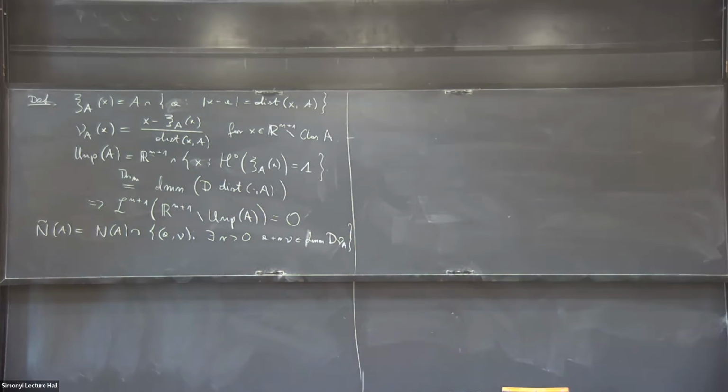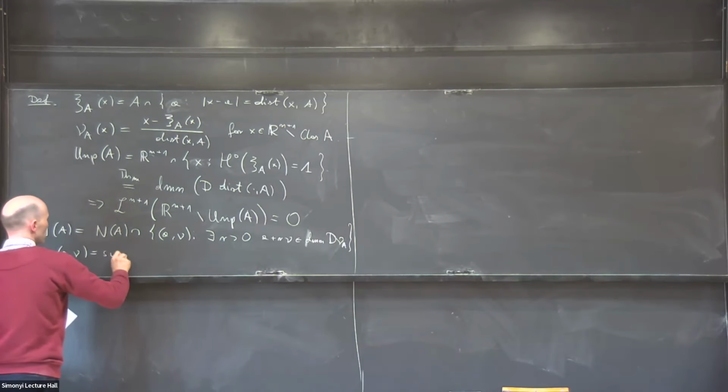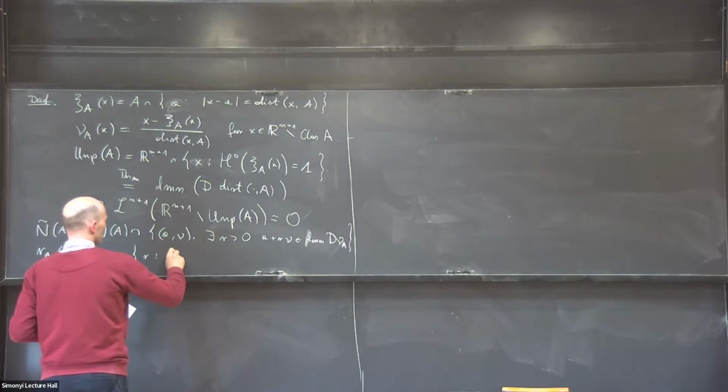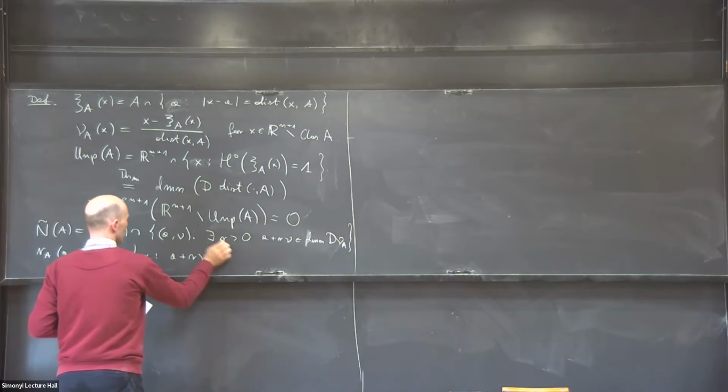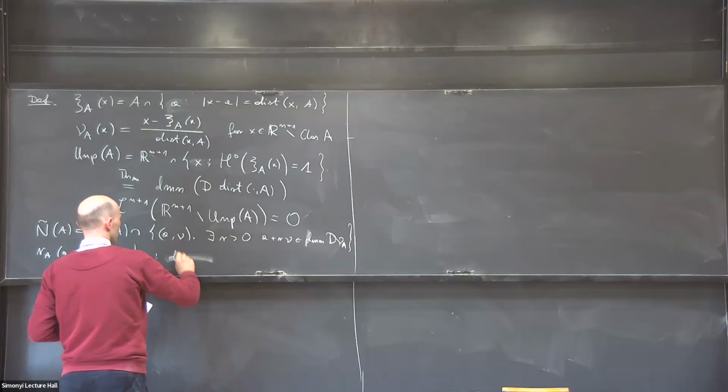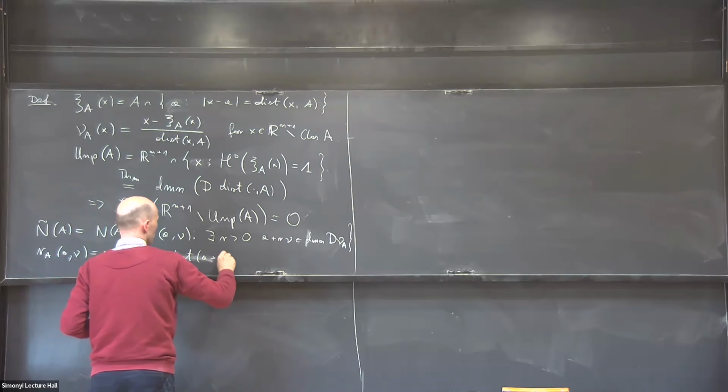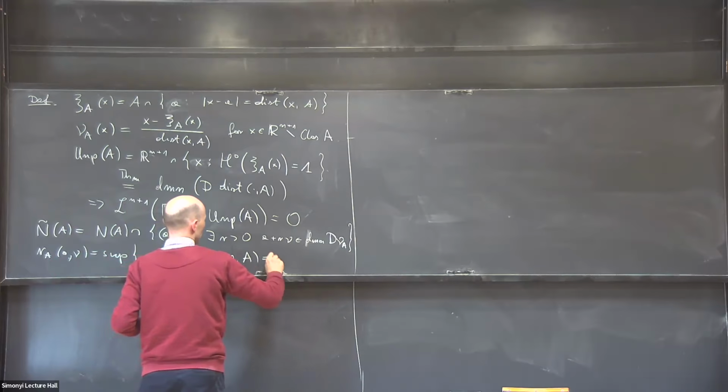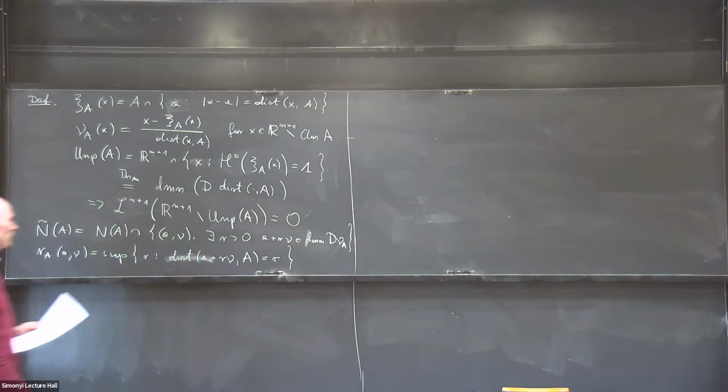So it's a bit different from the usual normal bundle, a smaller set. And we define the ridge function, which is the supremum of those r for which the distance of a plus r nu to A equals r. This is the so-called ridge function.